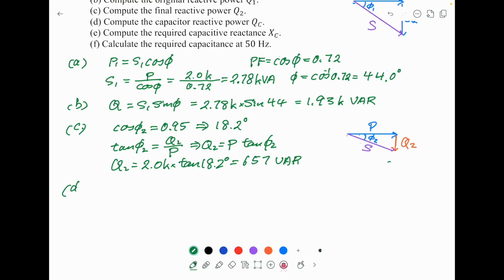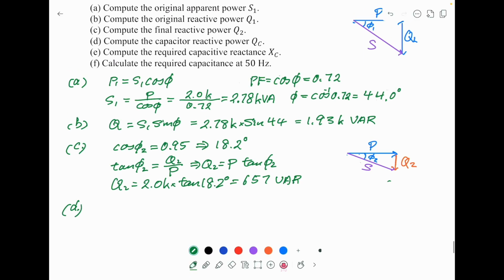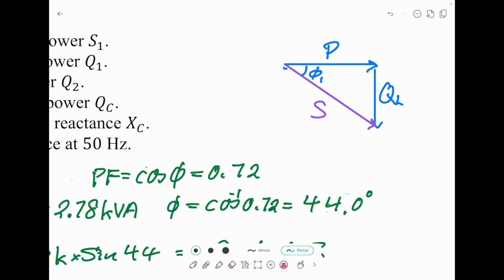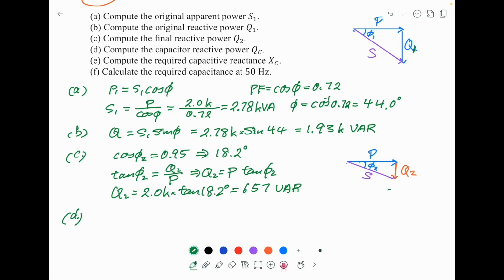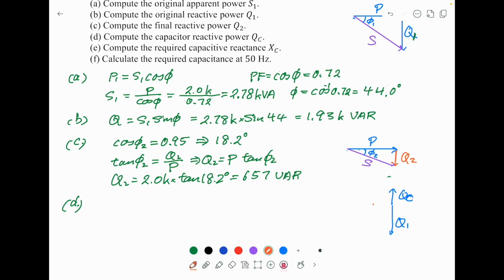Now let's analyze the relationship between Q1, Q2, and QC. The reactive power is due to the inductor, so we call it Q1, and by putting in a capacitor, the capacitor's reactive power is opposite here, QC, and the sum of these is what we call Q2.